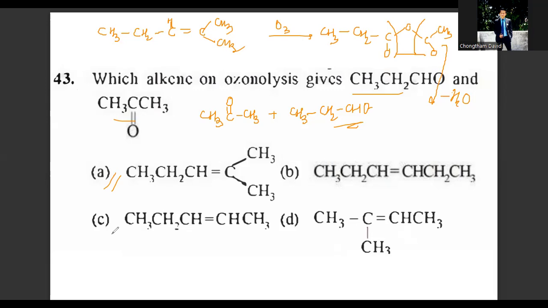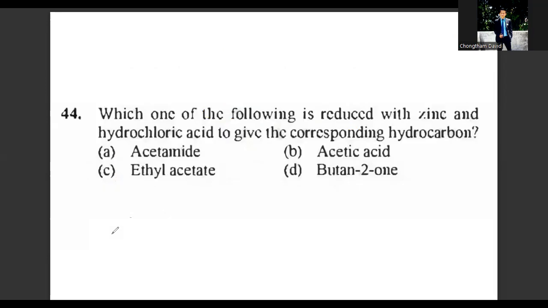Next, question number 44. Which one of the following is reduced with zinc and hydrochloric acid to give the corresponding hydrocarbon? So whenever zinc and HCl comes, this must be a Clemmensen reaction.